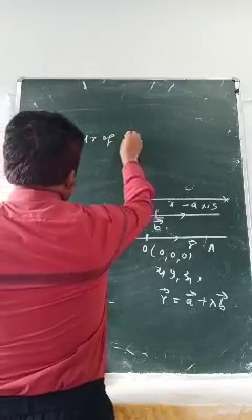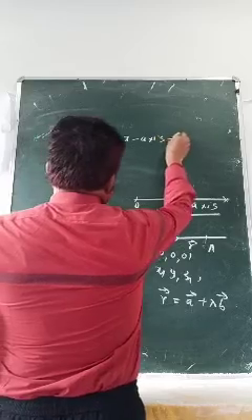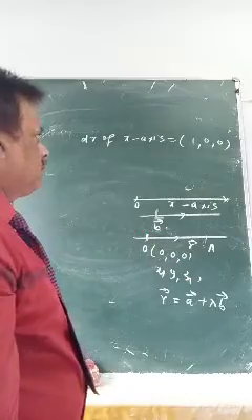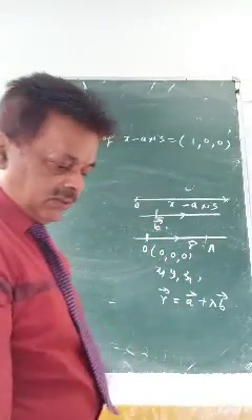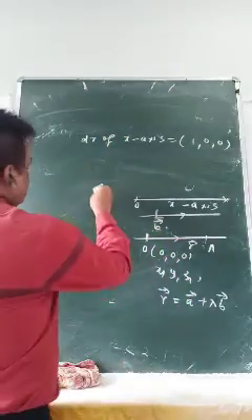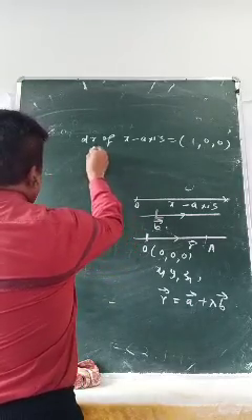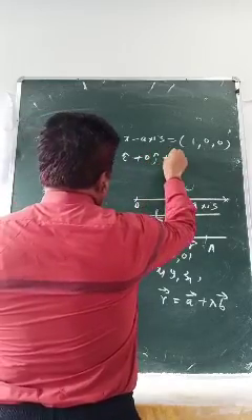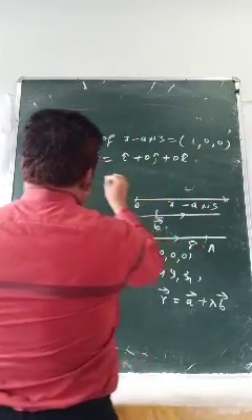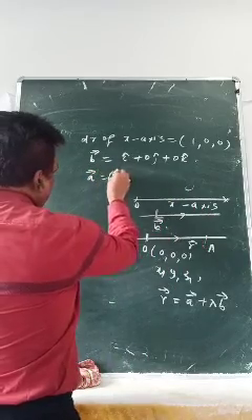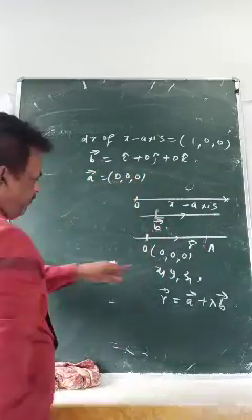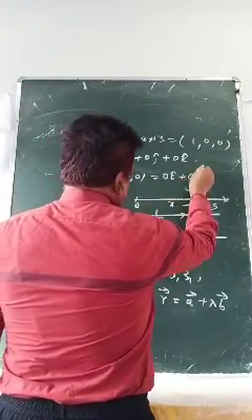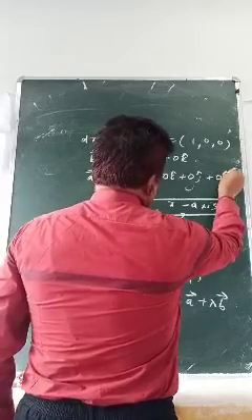Direction ratios of the x-axis are 1, 0, 0. So b vector equals i plus 0j plus 0k. The a vector is the point 0, 0, 0, so 0i, 0j, 0k.